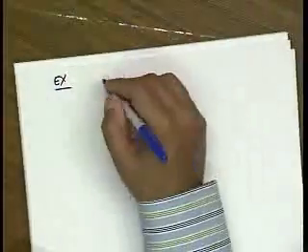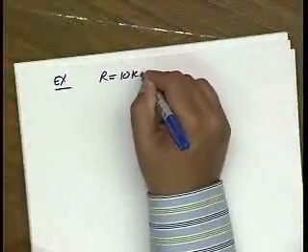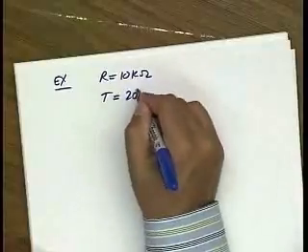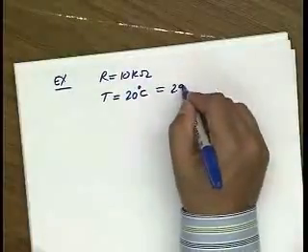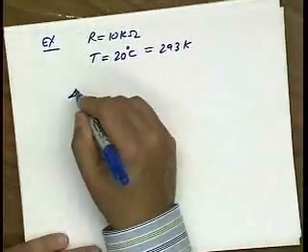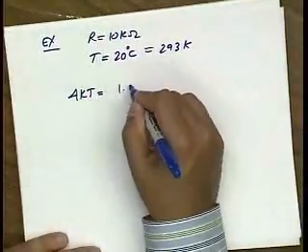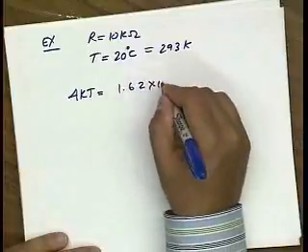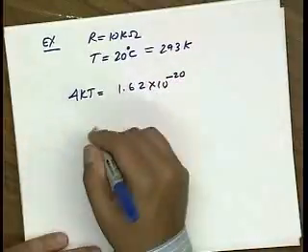Okay, let's do a quick example. Let's say that you have a 10 kilo ohm resistor and the temperature is 20 degrees or about 293 Kelvin. So what's 4 kT? 4 kT is 1.62 times 10 to the minus 20 joules.